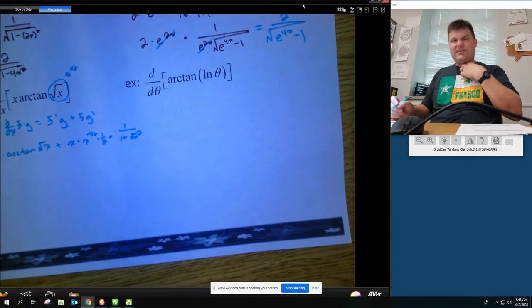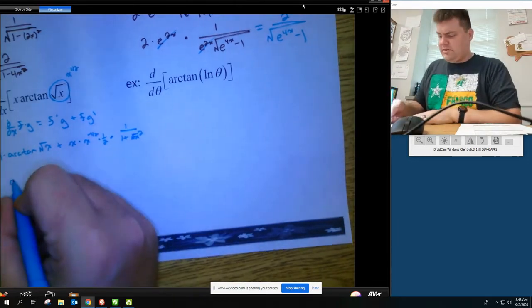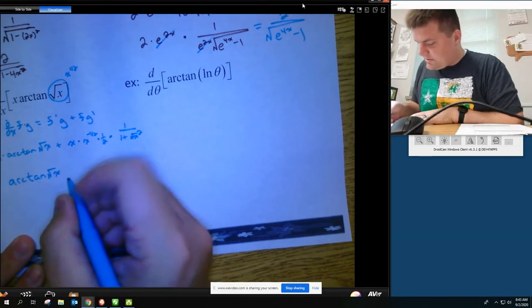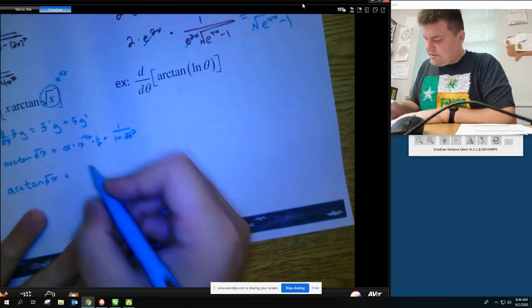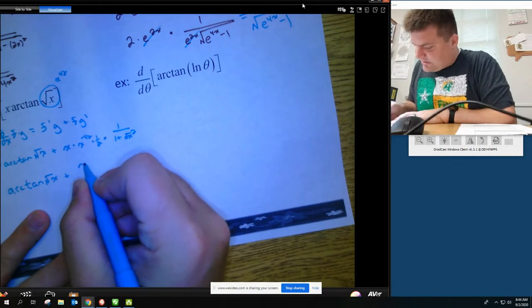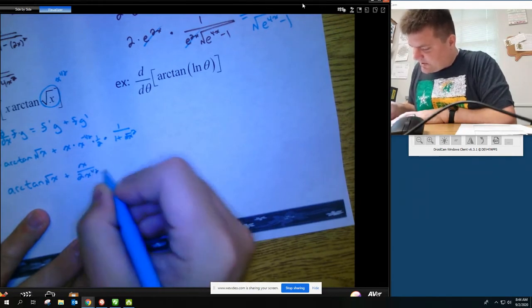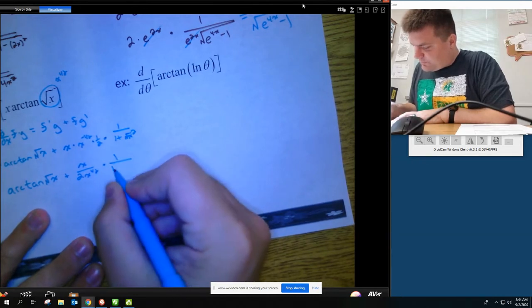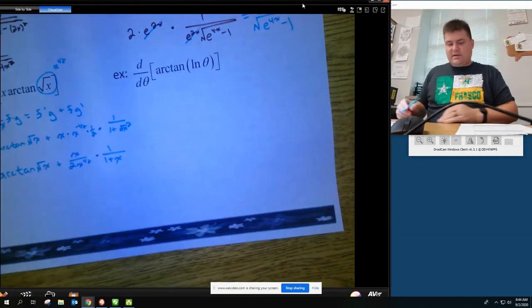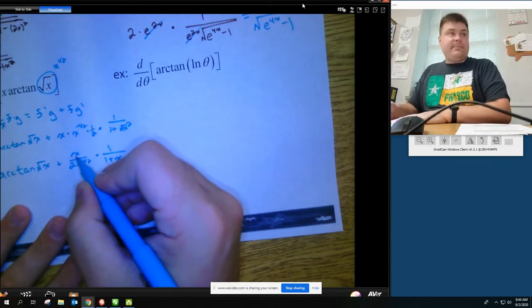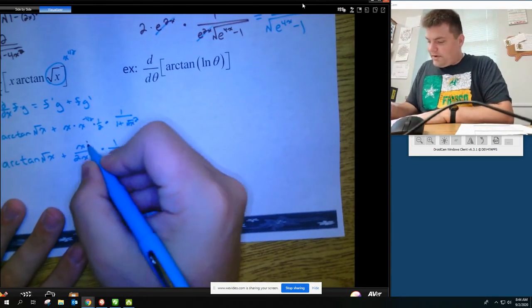And now all I've left to do is just a lot of cleaning up. We get arctan root x plus, this is going to be x over 2 x to the 1/2 times 1 over 1 plus x. And we can clean that up just a little bit here. This is really x to the 1, so they have the same base.